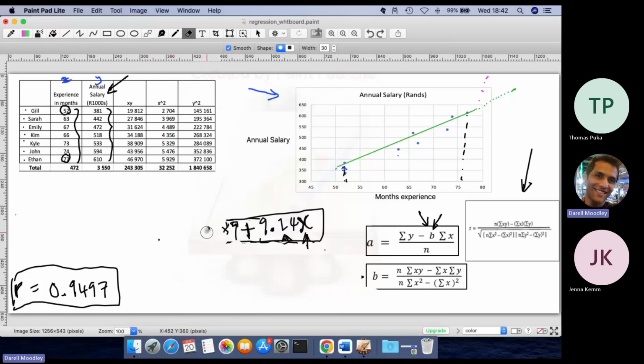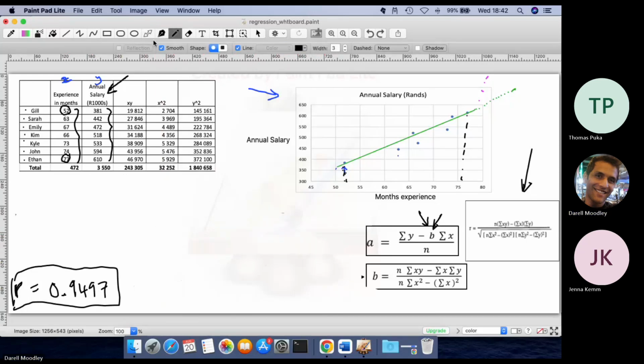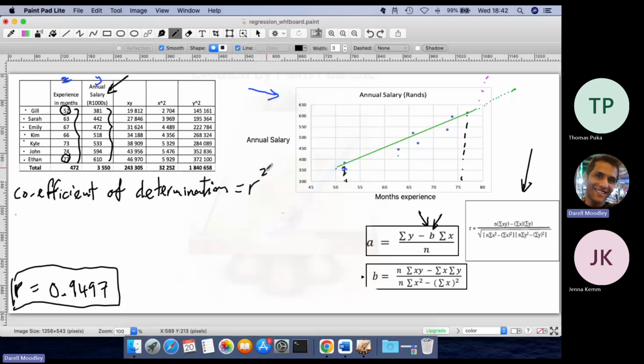So your R squared is your coefficient of determination. That's the same thing. So I'll write it out. Your coefficient of determination is simply just R squared, R raised to the power 2.